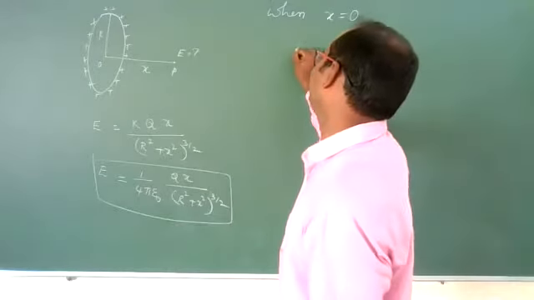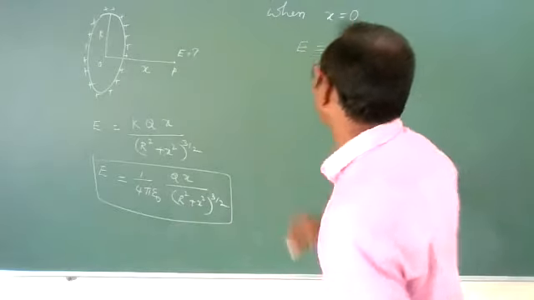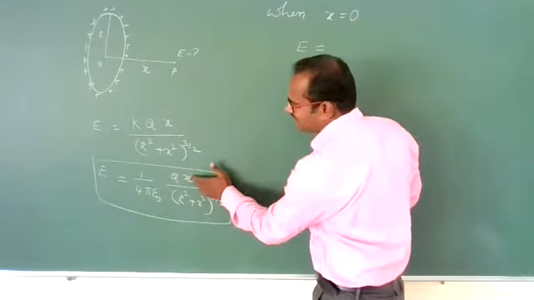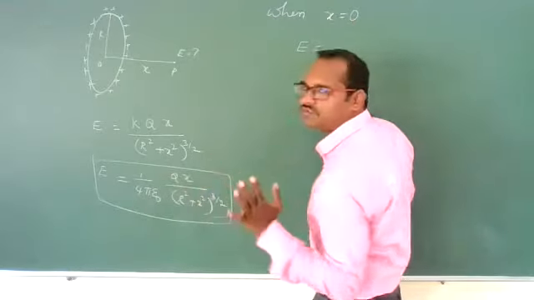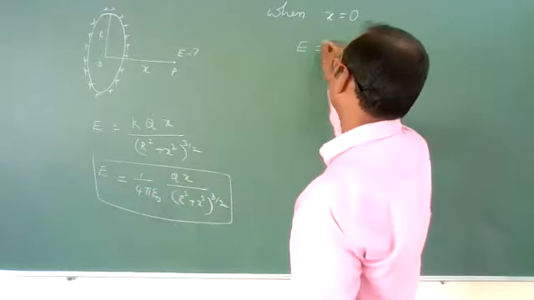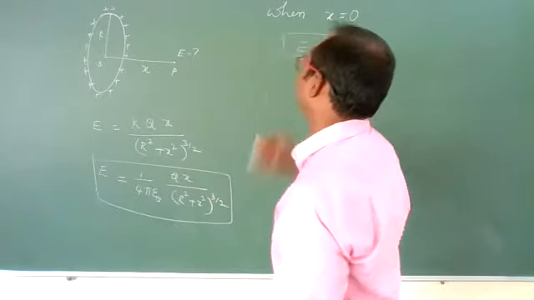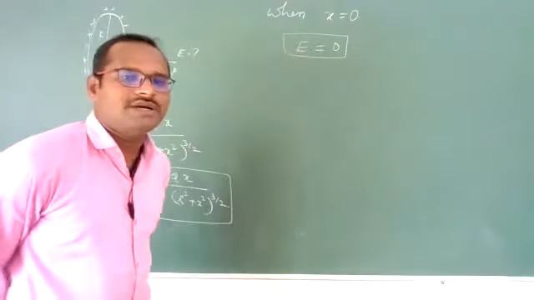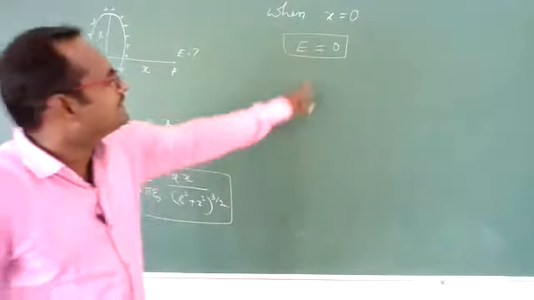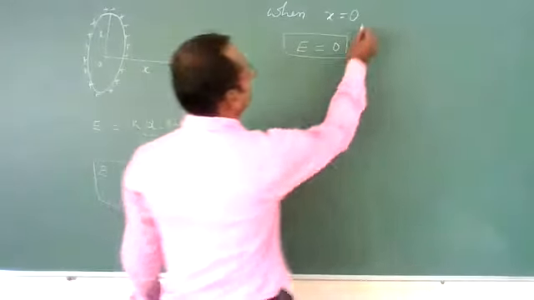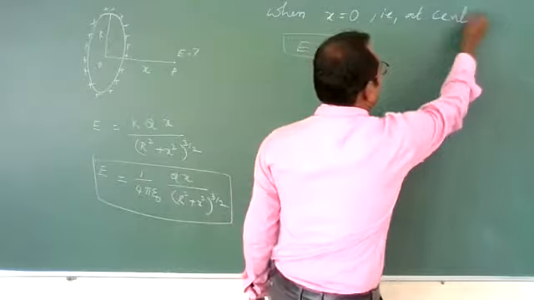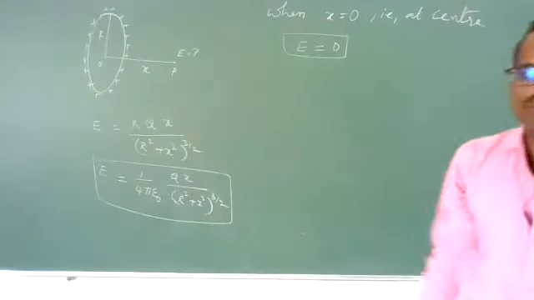Where x is there, keep 0. In the numerator x is equal to 0, so everything will become 0. So it is 0. You need to remember this value: the electric field due to a circular charged ring at its center is 0.